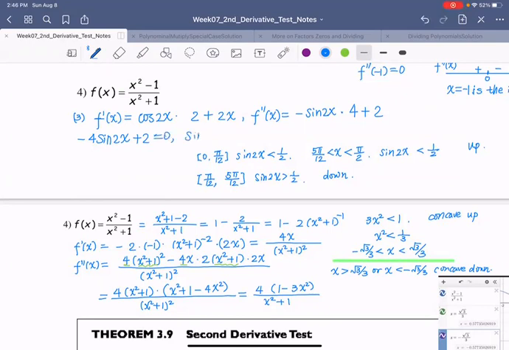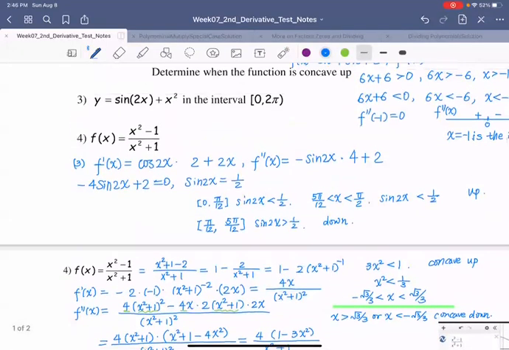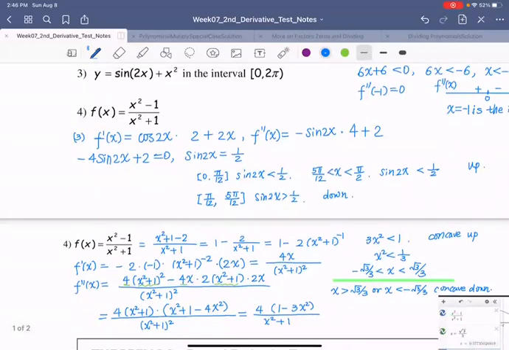So sine 2x equals positive 1 over 2. The interval they give us is from 0 to 2 pi. On this interval, sine 2x equals 1/2, so 2x should equal how much?